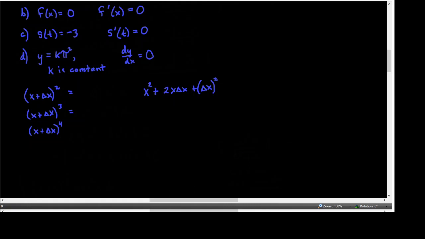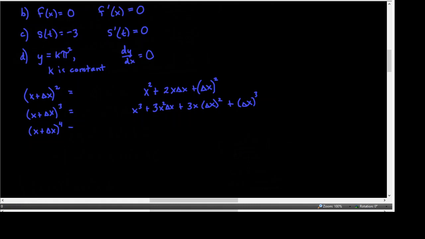For the cube of that binomial, that answer is going to be x cubed plus 3x squared delta x plus 3x delta x squared plus delta x cubed. Okay?